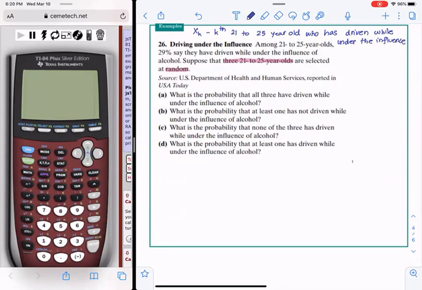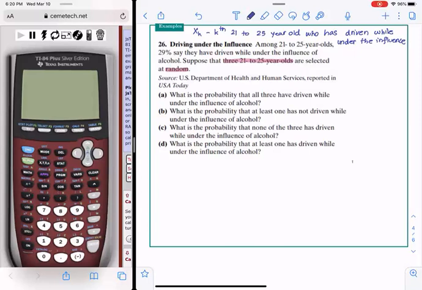So according to the problem, it doesn't matter what k is, any 21 to 25-year-old, if picked at random, the probability that they have driven while under the influence of alcohol would be 29%.